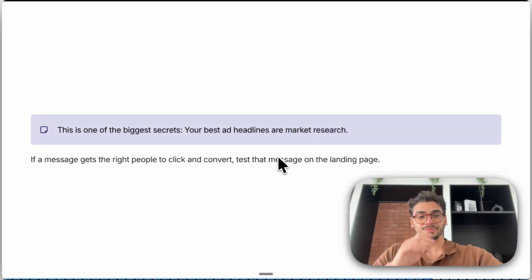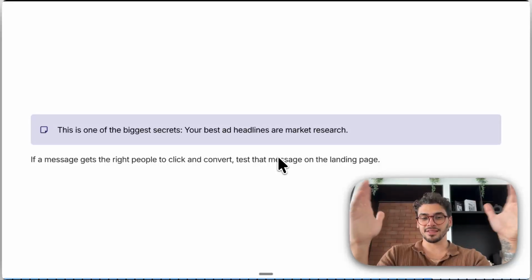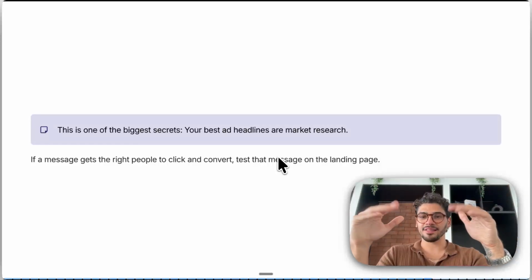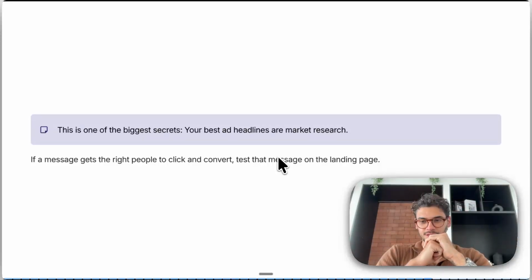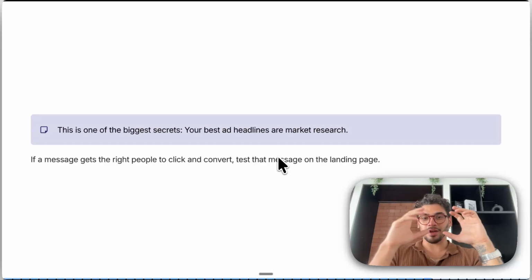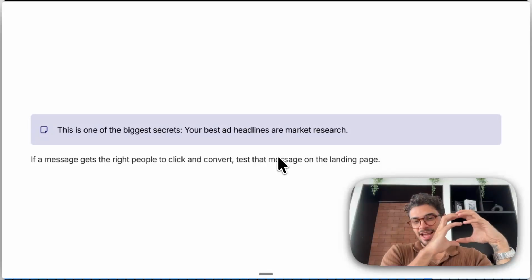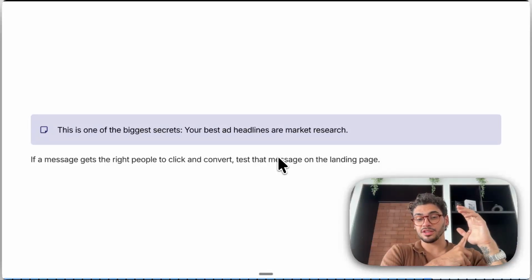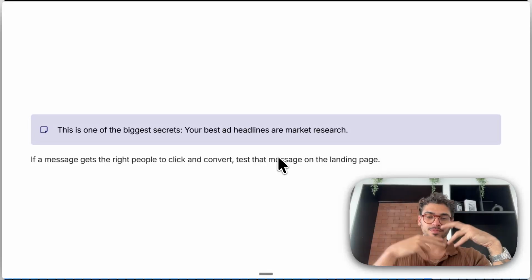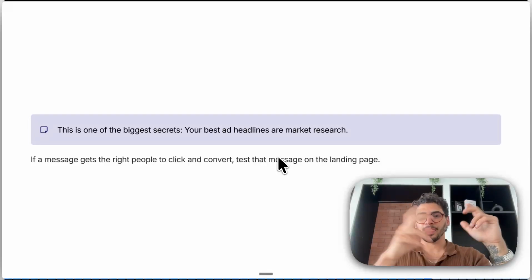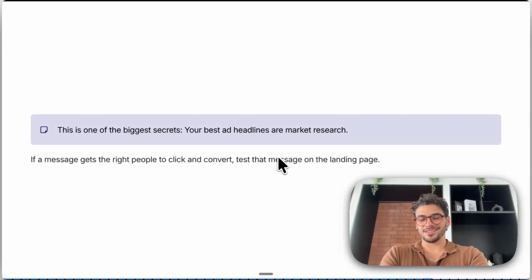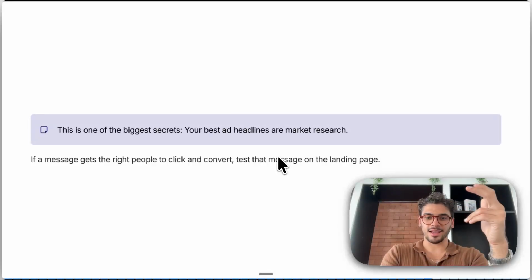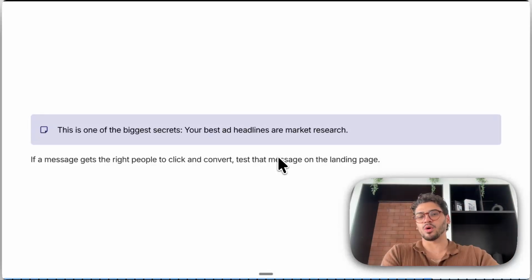Basically, that's it. This is one of the biggest secrets. Your best ad headlines are actually market research. Think about that. If you have an ad headline that has a huge CTR and the best cost per click, right now you know that this ad headline is the one that kept more of your audience's eyes, right?